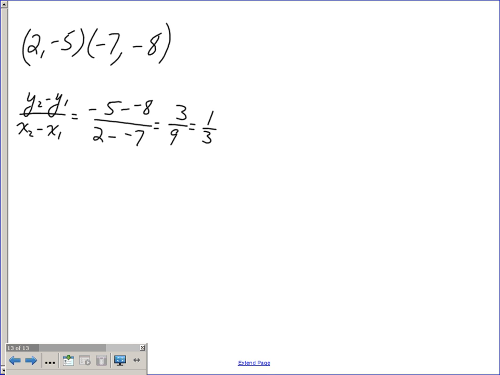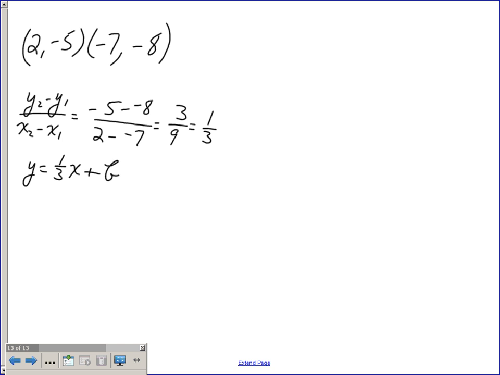The equation of the line is going to be y equals 1/3 x, and then it will cross the y-axis somewhere. That's as far as this section will take us. But how would we find where it crosses the y-axis without graphing?